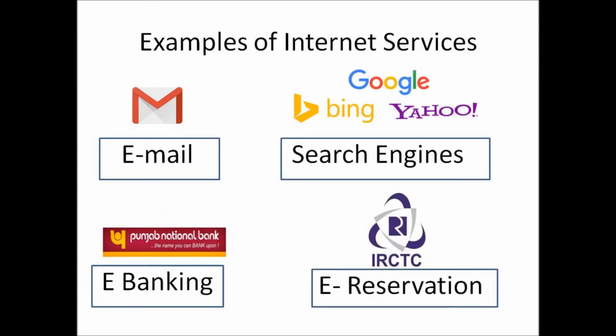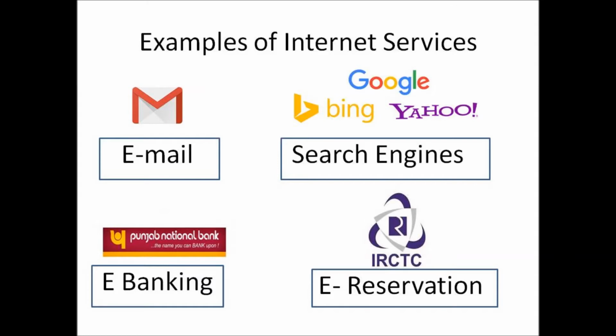E-reservation: IRCTC, Yatra.com, and so many other websites provide this service to book your tickets online. Other than these, we have so many other internet services like online shopping, e-business, e-commerce, and many more.